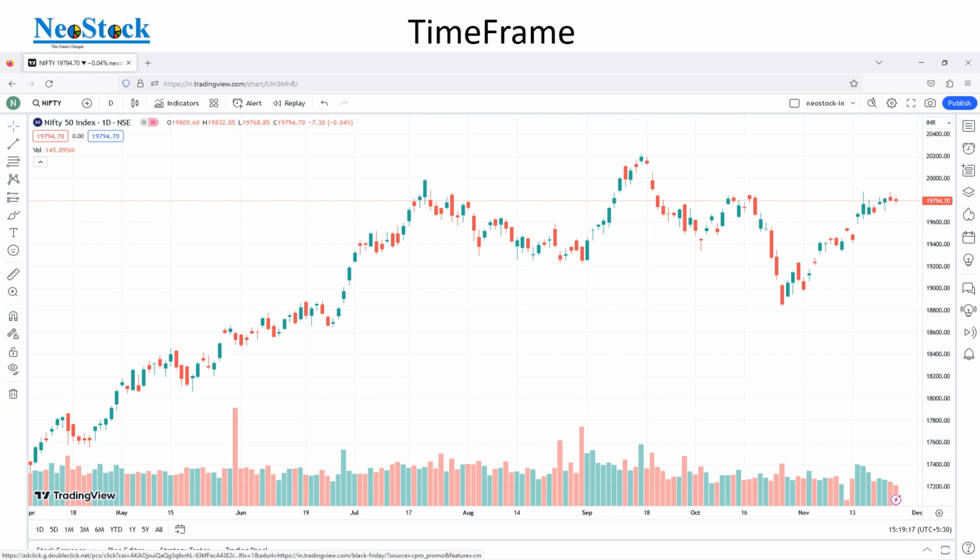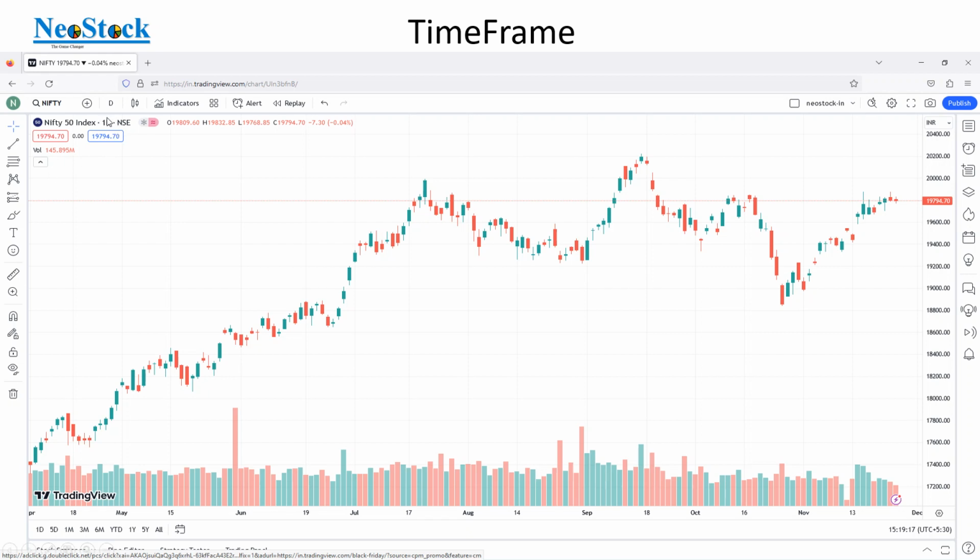So how do we know this is a daily chart? Here you can see the title, Nifty 50 Index 1D, NSE. 1D indicates 1 day. By default, daily charts are 1 day charts.